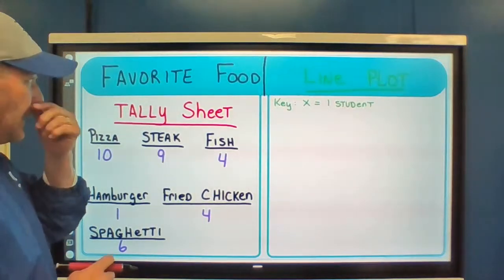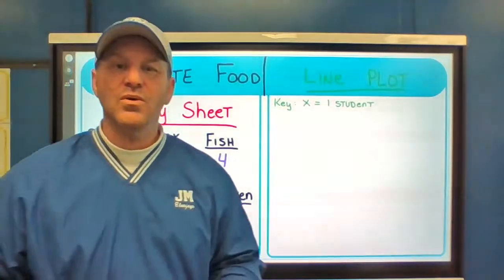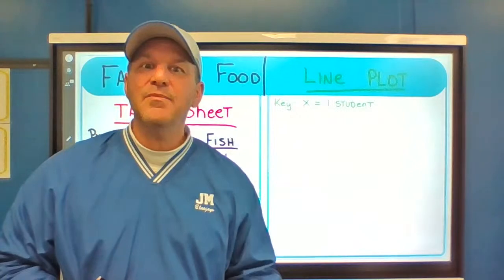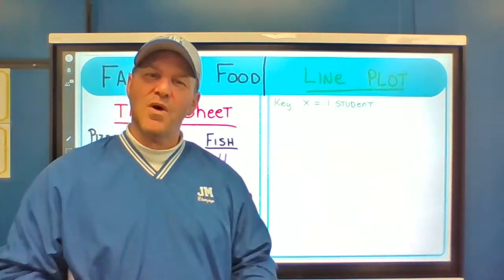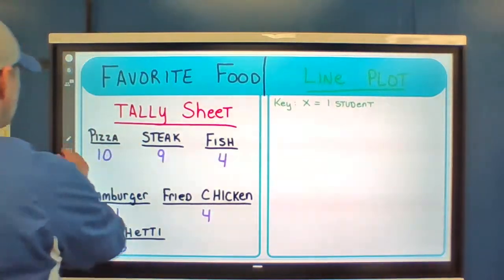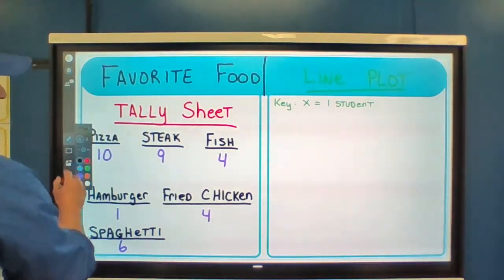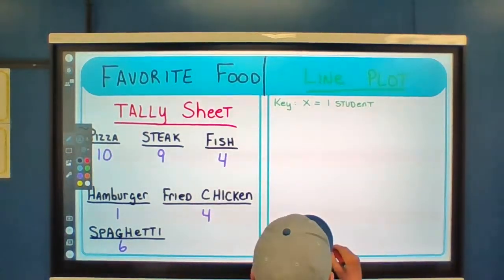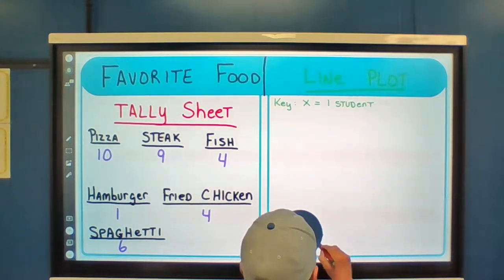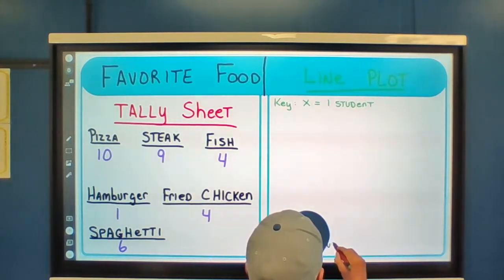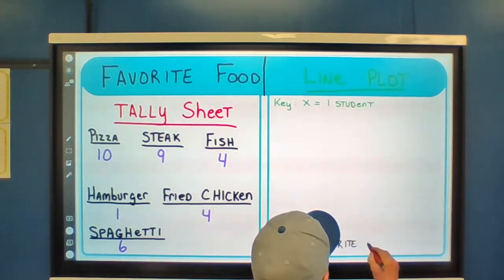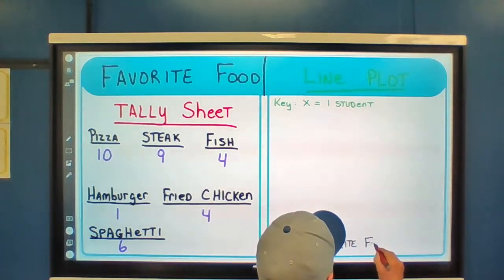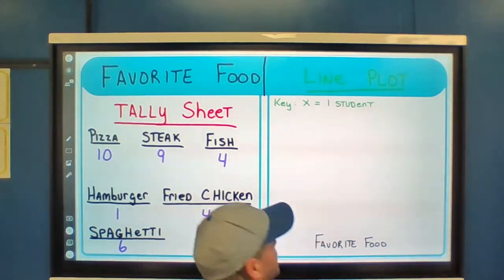From there, I also want to make sure that I label my line plot so that everybody looking at this knows what we're talking about. In this case, our line plot is representing favorite food. So if I put it down here, favorite food.